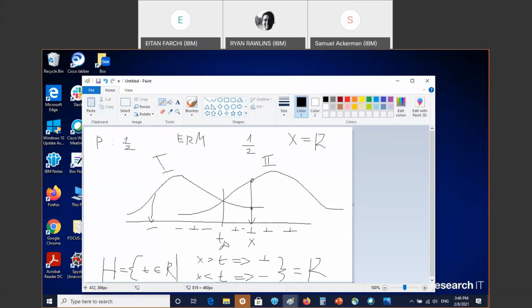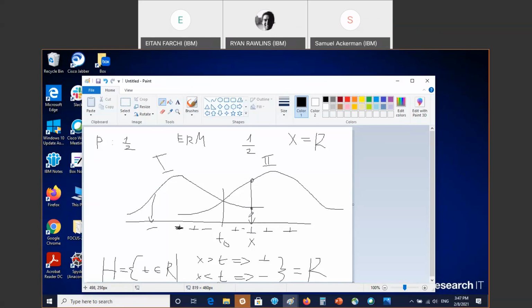So can you give me a possible threshold? There's more than one. But what is a possible threshold that will give us the minimum number of errors here? Where would you put a threshold?